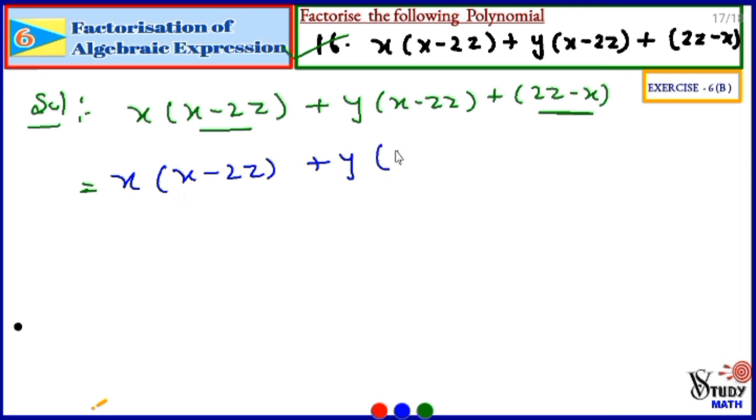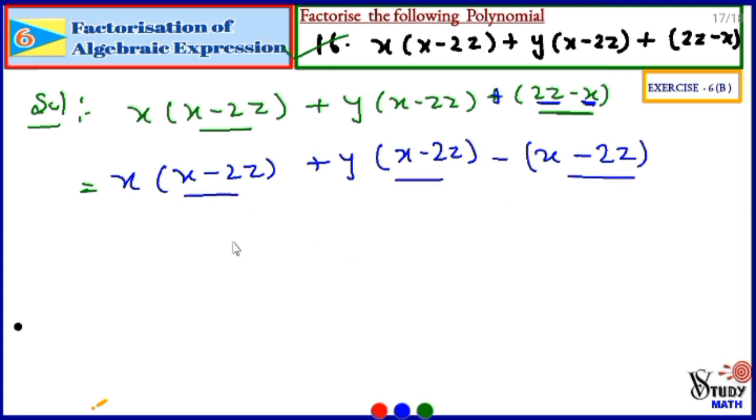So I'll do this directly here. If I take −1 common from here, positive 2z will become negative 2z. And if I take −1 common from negative x, it will become positive, and this negative 1 goes to multiply this positive and becomes negative. Yes or no?